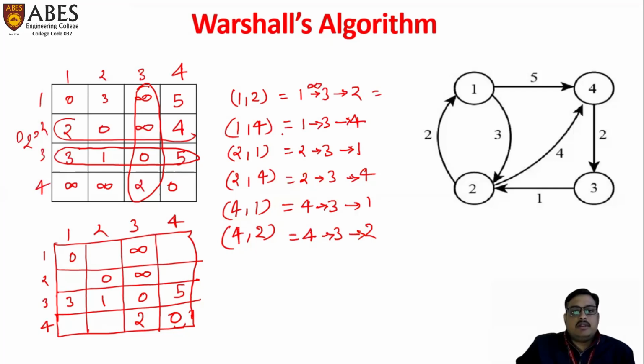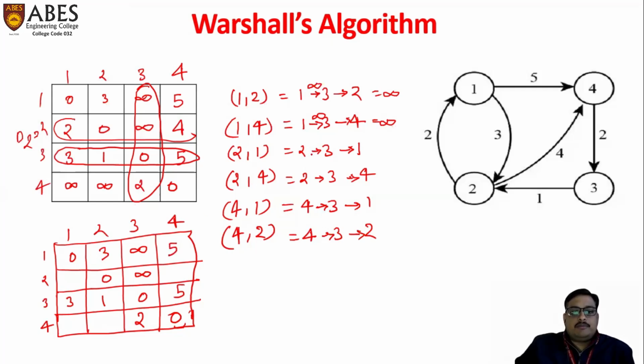Whenever the calculated value is infinity, but 1,2 already has 3, that is minimum, so we'll consider this value. And for 1,4, we already have 5 and the newly computed value is infinity, so we'll take the minimum, that is 5.